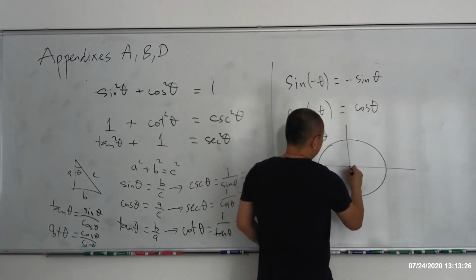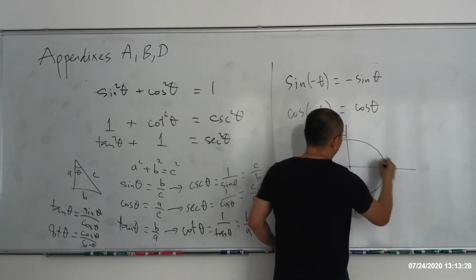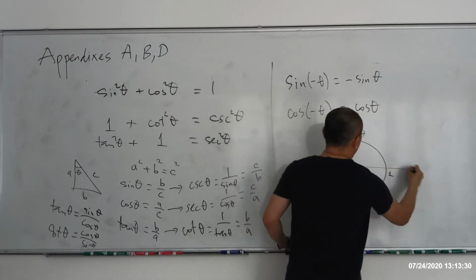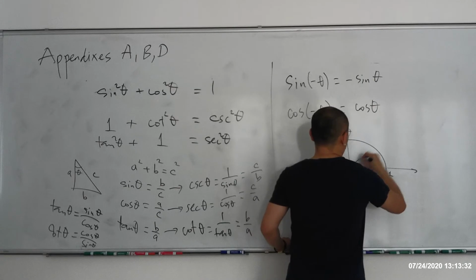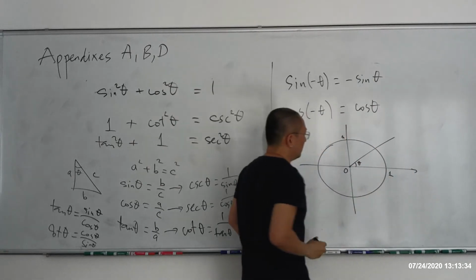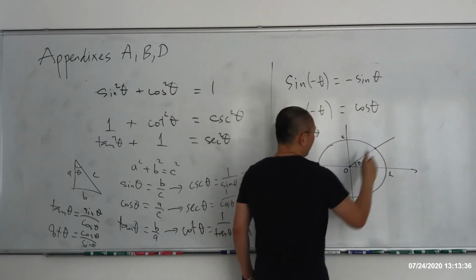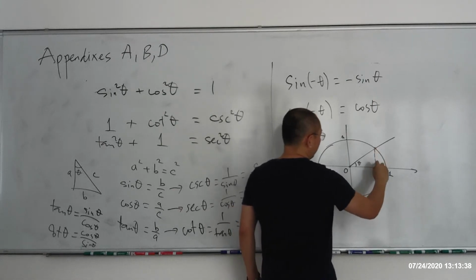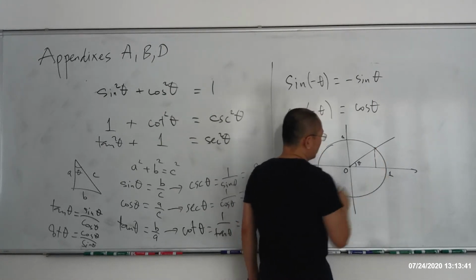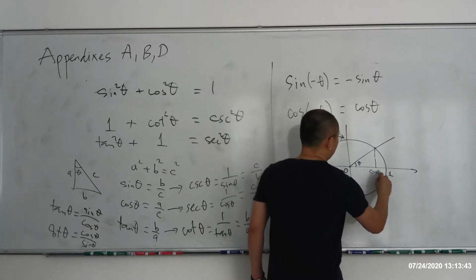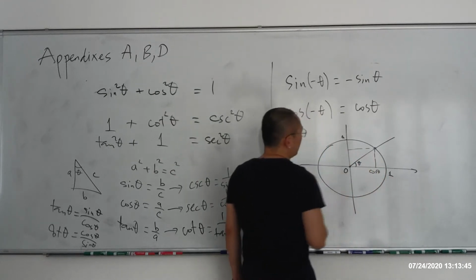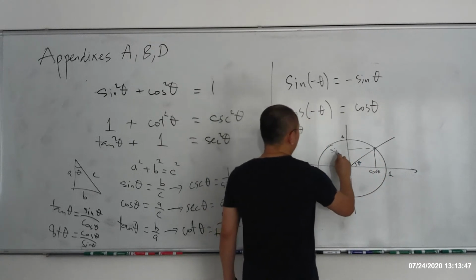Say this is a circle, origin right here, 1 right here. You have an angle theta, and this is the point on the unit circle. You project it down to the x-axis, it's going to give you the cosine value. This is cosine theta. You project it to the y-axis, you have sine theta.